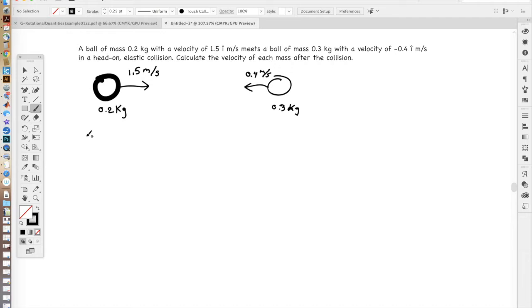We have conservation of momentum. So we're going to write that down.